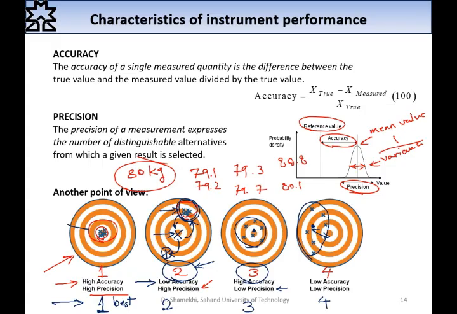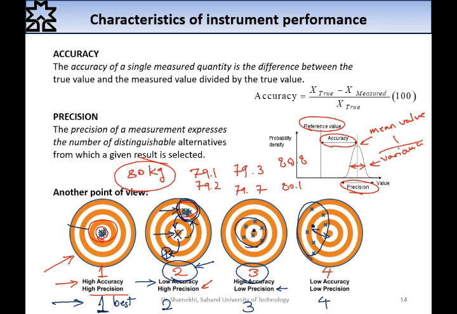And after that calibration, we have a good instrument from the point of view of accuracy. Also, we have high precision. The second place goes to the third shooter, and the worst one is the fourth.